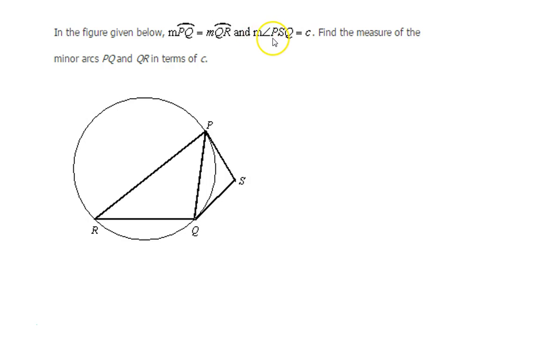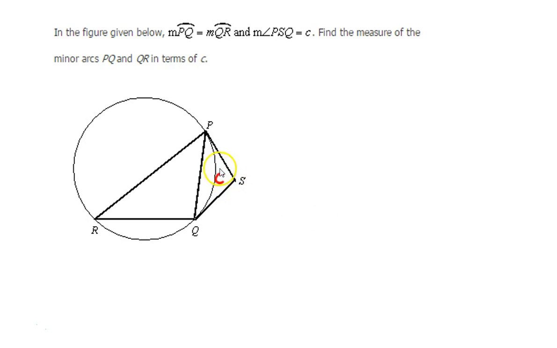We know that the measure of angle PSQ is C. PSQ is this angle right here, and if we notice, that angle, that vertex, is outside of the circle. So that means that this angle C is equal to the difference, the average difference, of the intercepted arcs.